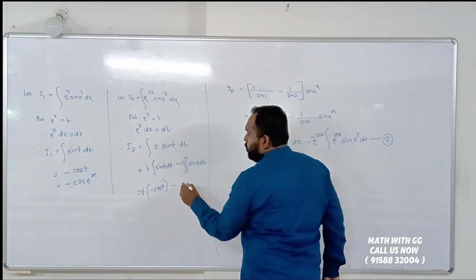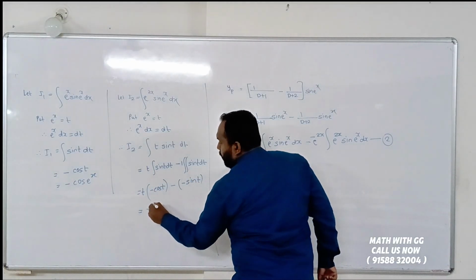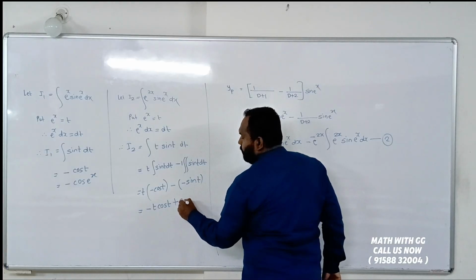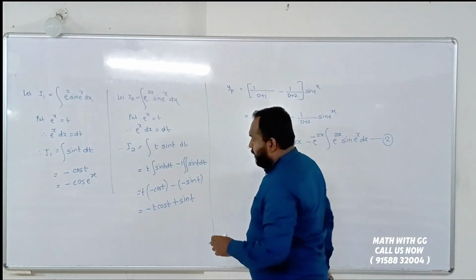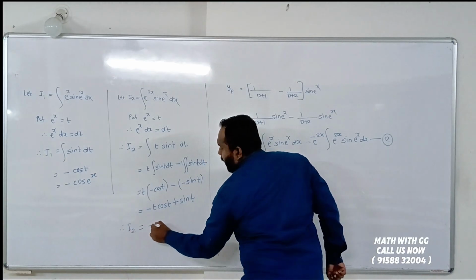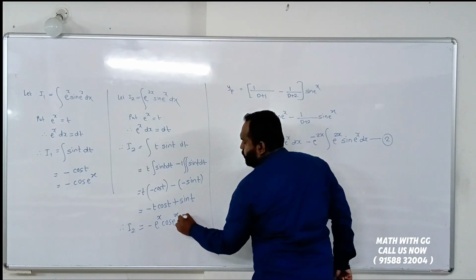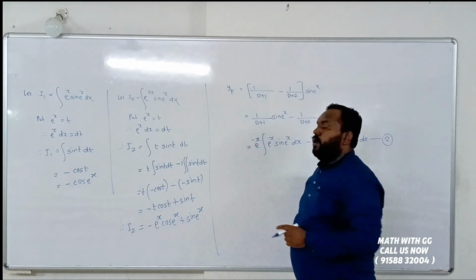So, integration of minus cos is minus sin t. So, simplifying the term, we get minus t cos t plus sin t. Now substitute the value of t. So we get I2 is equal to minus e raised to x cos e raised to x plus sin e raised to x.